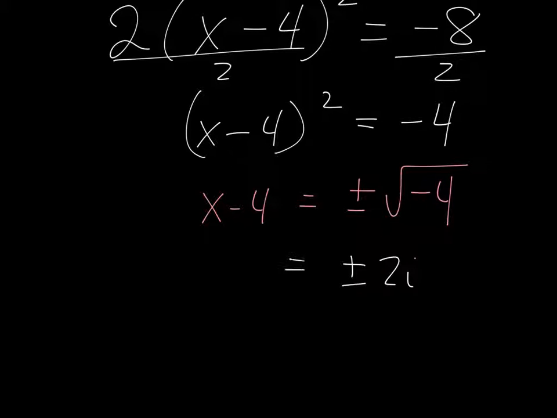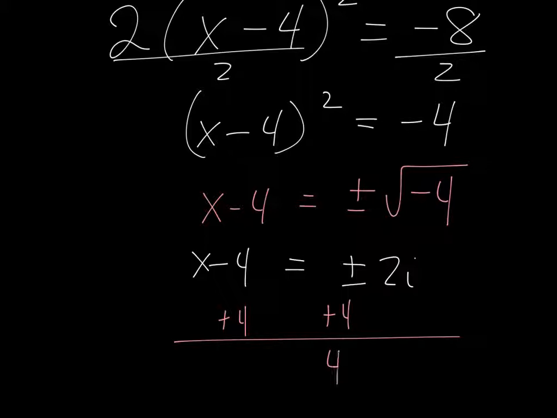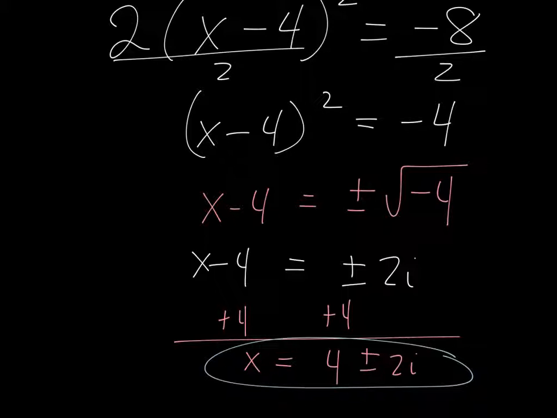That becomes 2i. And how do I get rid of a negative 4? I add it to the right-hand side. And I'm going to always add it or subtract it right in the front right here. And that's our answer in simplest a plus bi form.